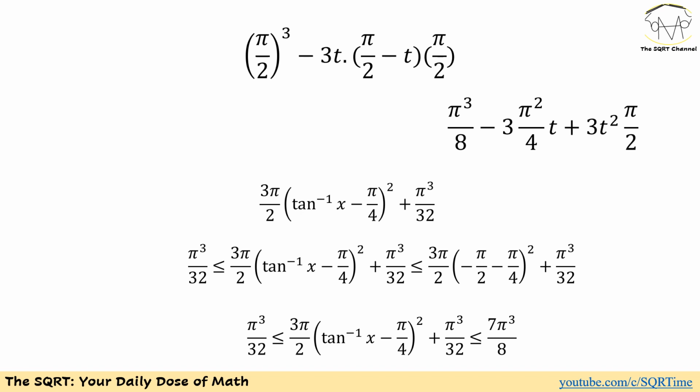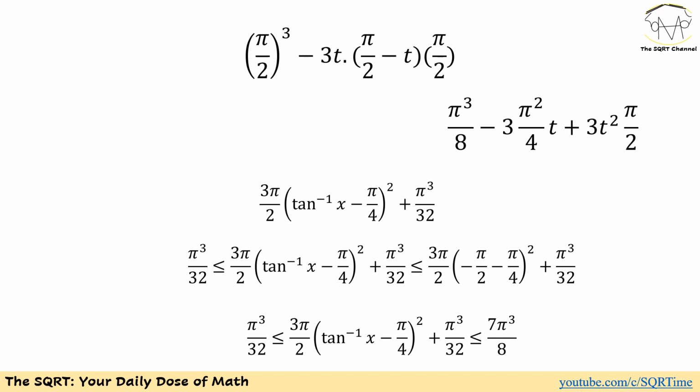After the first round of simplification, we can write pi over 2 to the power of 3 as pi cube over 8. Then if we do some more simplifications for the rest of the expression, we will have minus t over 4 times pi squared times t plus 3 times pi over 2 times t squared.